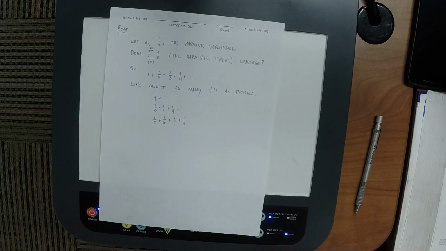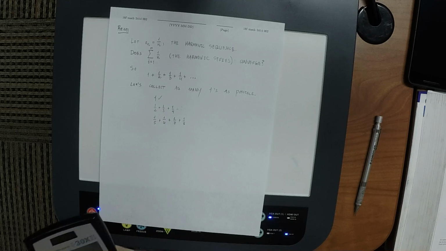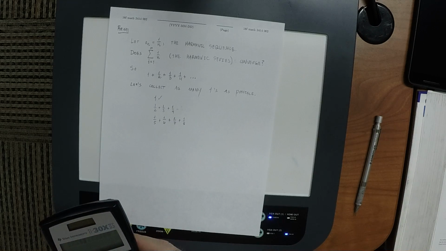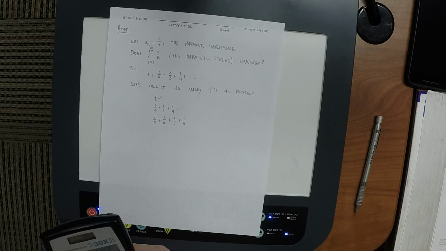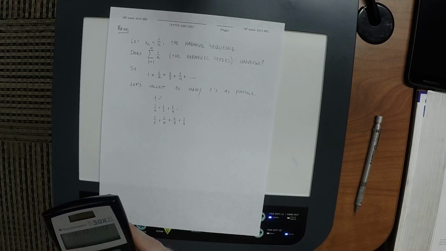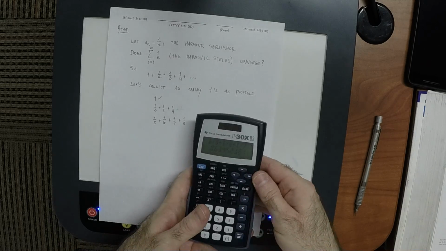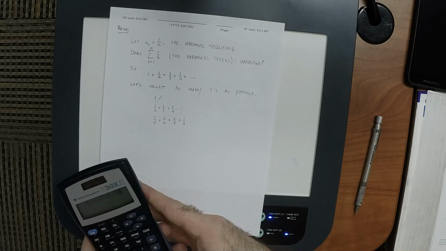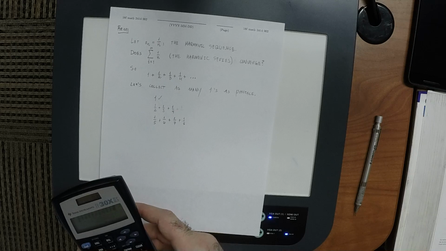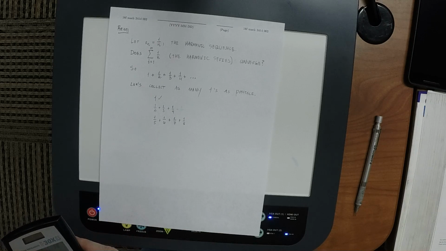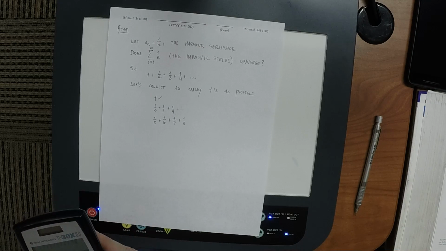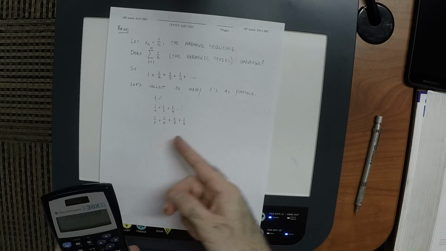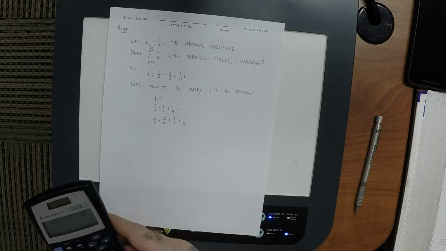I'm going to need a calculator here because I can't really do that in my head. So a fifth plus a sixth plus a seventh plus an eighth. So that's 0.63, so I need to keep going. If they're getting small too quick, then I won't be able to do it, right? I wouldn't be able to do it. So then plus a ninth plus a tenth.